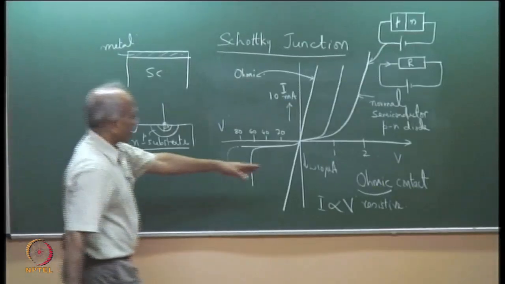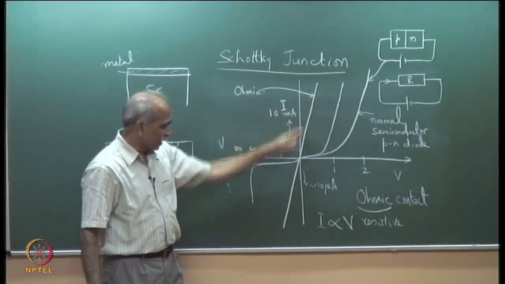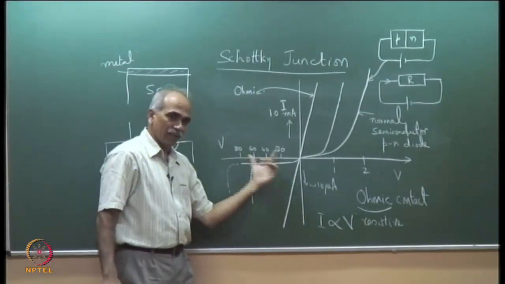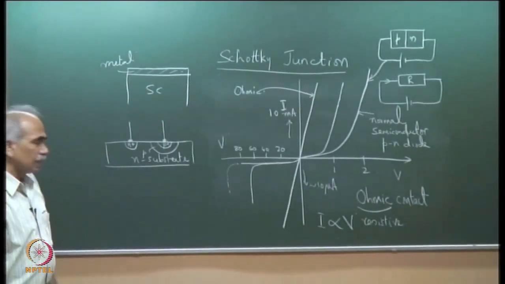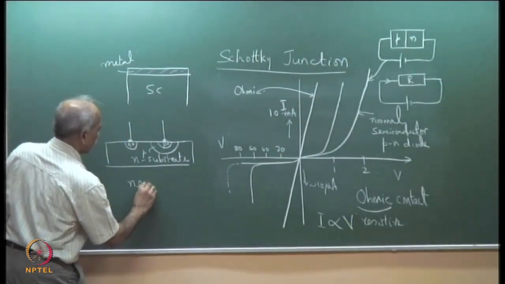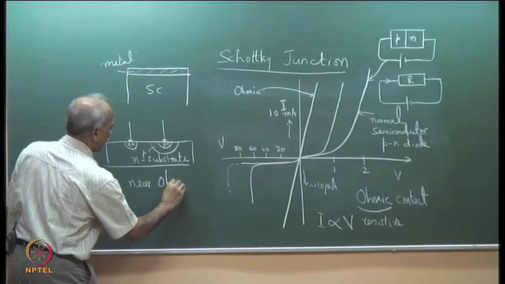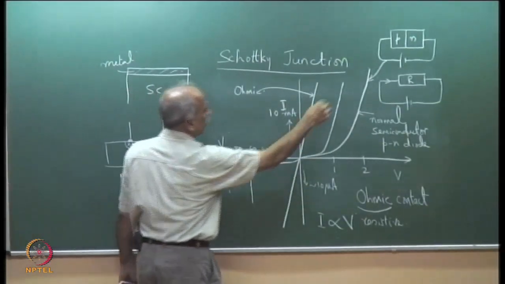In fact, the scale would be the same for an ohmic contact. It is not really a straight line as I have shown here. For this scale, it has to be identical for an ohmic contact. In between, there are near ohmic contacts, and they look like this.